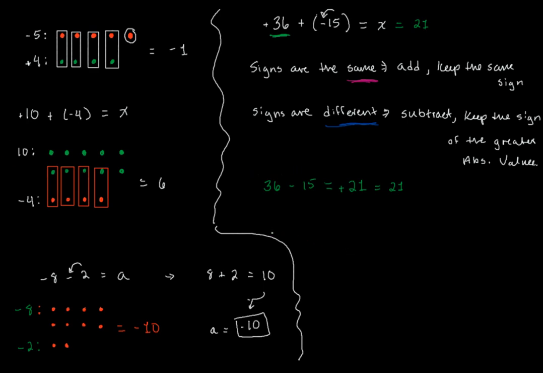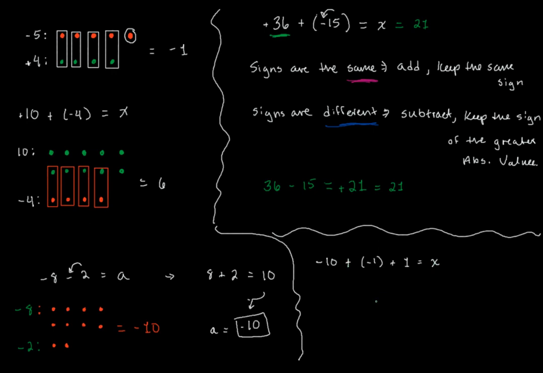So let's say that I had negative 10 and they want me to add a negative 1 and then they want me to add a positive 1. Okay? We want to know what that equals.